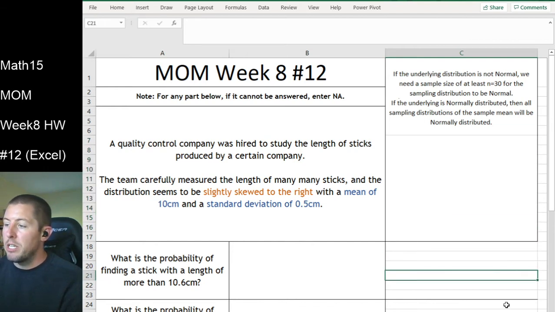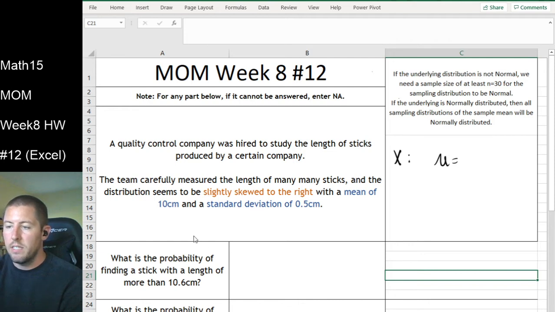They do give us some information about the distribution of this thing here. So let's write down what we see. We do see that we've got a mean of 10 centimeters and a standard deviation of 0.5 centimeters. And so what I'm not going to do right here, notice, is give the indication that X is normally distributed, because it's not.